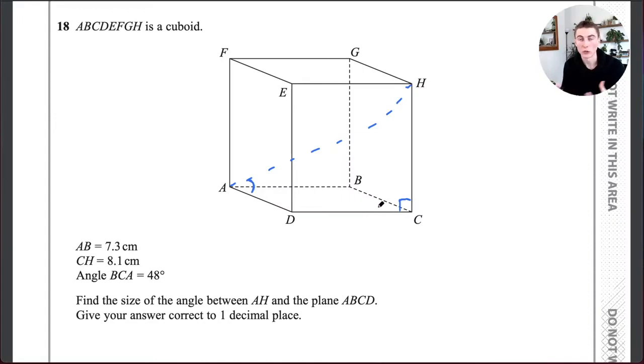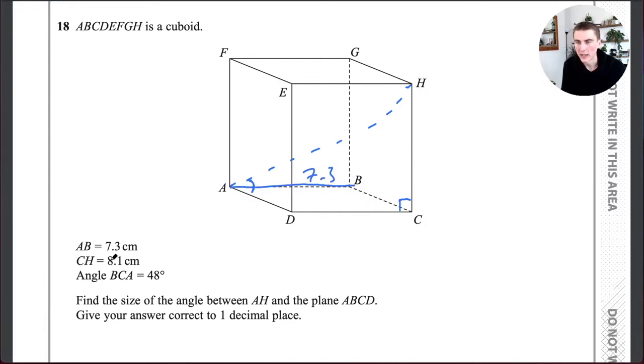To use SOHCAHTOA rules, you need to know some of the sides of the triangle. Maybe the opposites, the adjacents, the hypotenuses, but we need to know some side lengths. So that's going to be our aim. Let's put what we know though. We know that AB is 7.3. So this one over here, A over to B, this is 7.3.